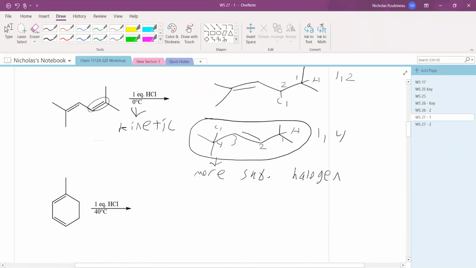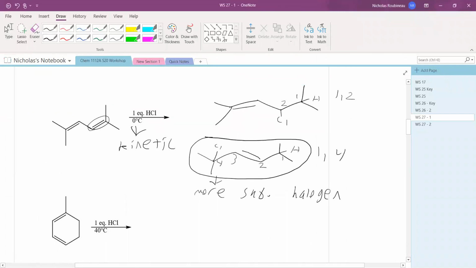But most of the time, if it comes up on a test, I'm pretty sure it will be HCl or HBr. So hydrogen always adds to carbon 1, because that puts the carbocation intermediate right next to the double bond, which allows for resonance. Okay, got you. Thank you. Mm-hmm.